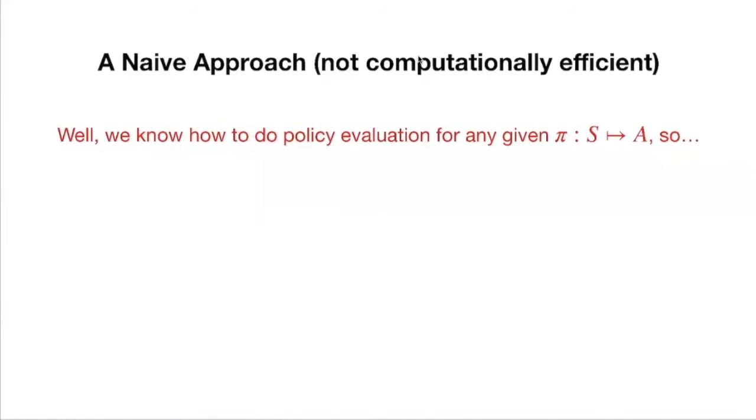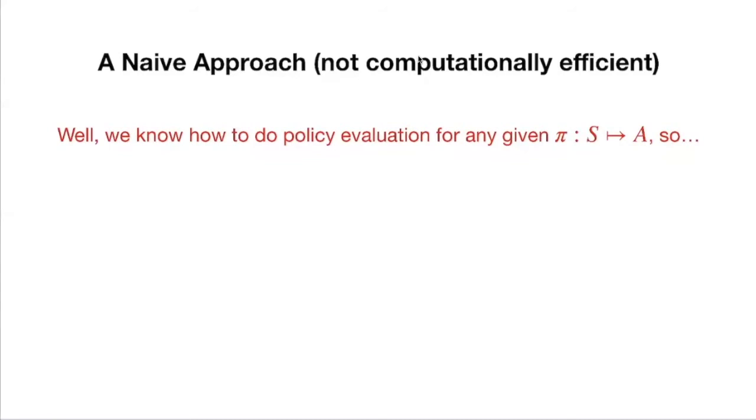It's an algorithm that takes the reward function and the transition probability, right, and outputs a vector v pi that is very close to the ground truth that we want to estimate, right? And in fact, we first talked about an exact algorithm that actually uses a matrix inverse and computes the exact policy value function v pi. Right, so now we know how to do policy evaluation for every policy pi in the policy class.